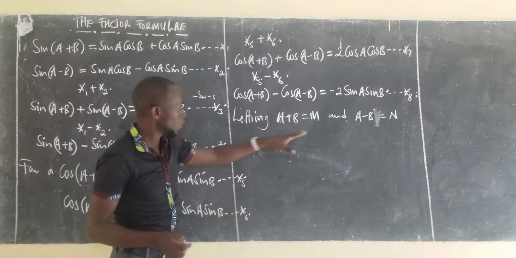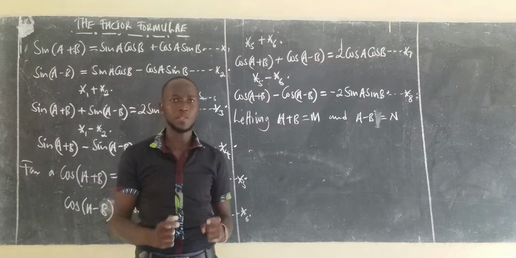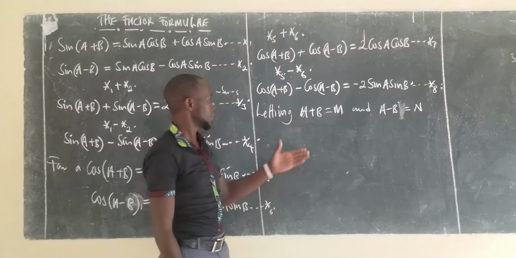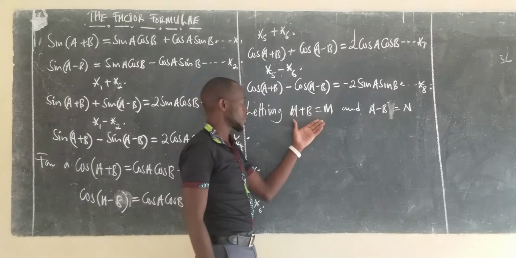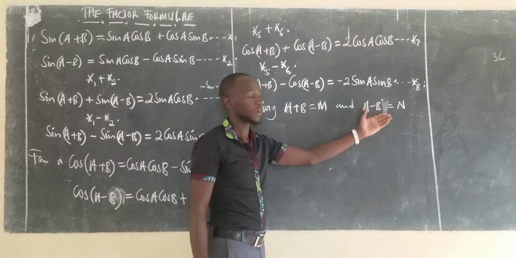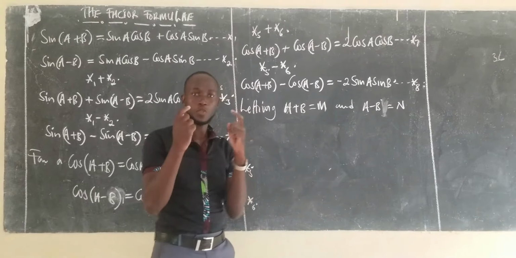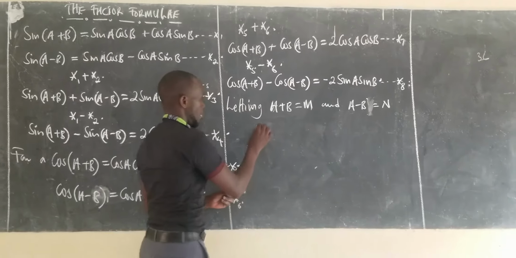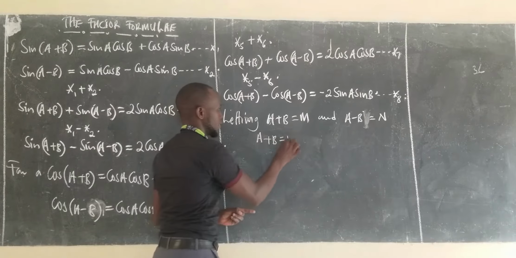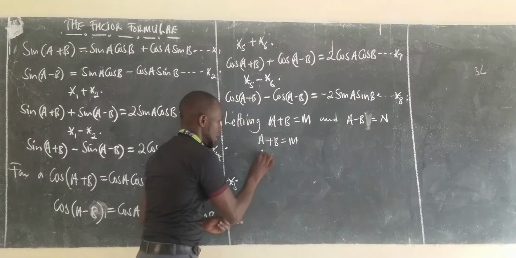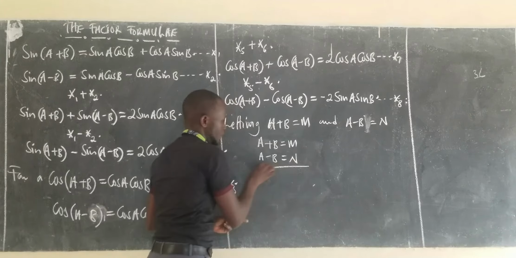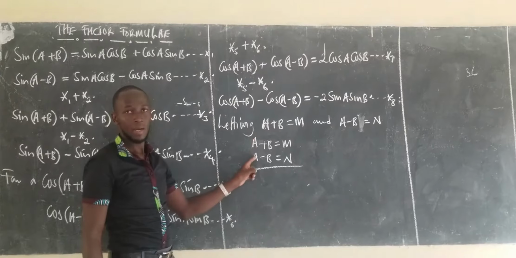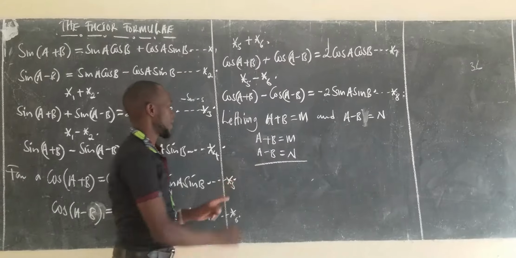Say N. When you look at these two, try solving the two equations simultaneously. Now that we are using simultaneous equations, you get equation 1, though I've not named it, and equation 2, you can name them accordingly. Then you solve them using the knowledge of algebra. So we shall have A plus B giving us M, and A minus B giving us N. Since these two have the same signs and the same coefficients, we add.